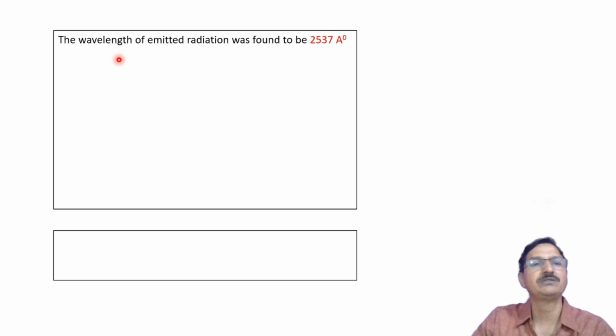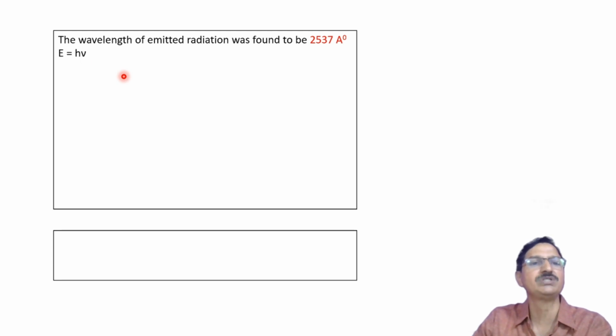Frank and Hertz experimentally measured the wavelength of this emitted radiation. It was found to be 2537 angstrom unit.